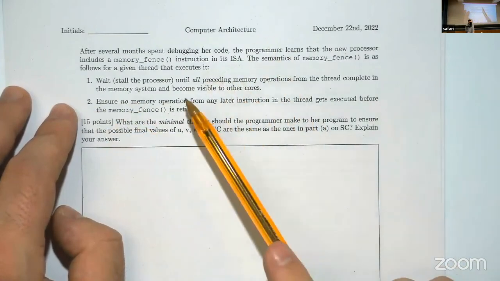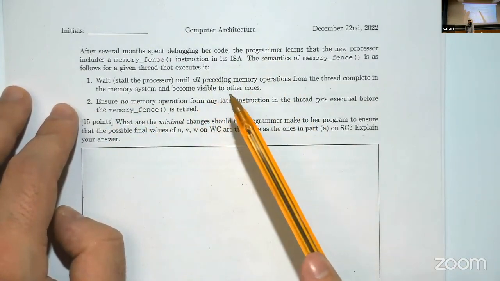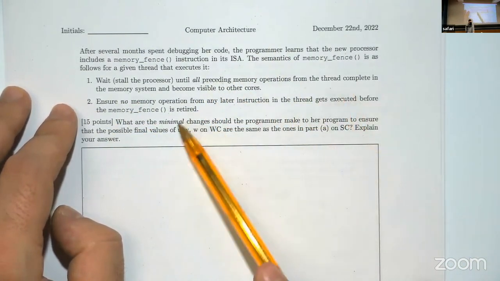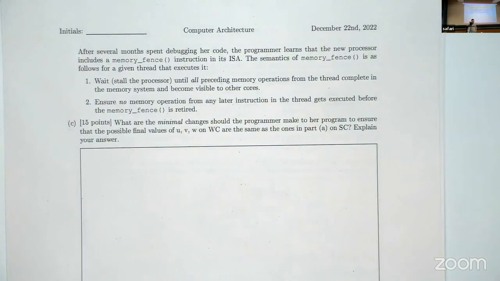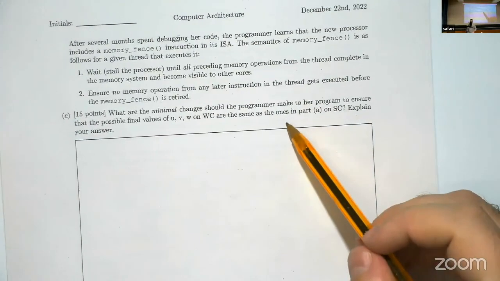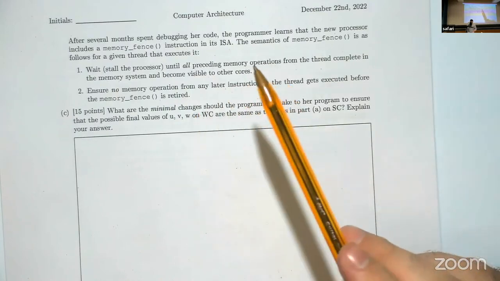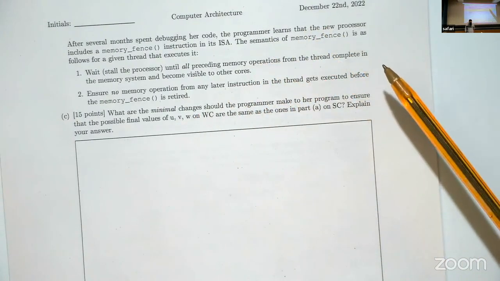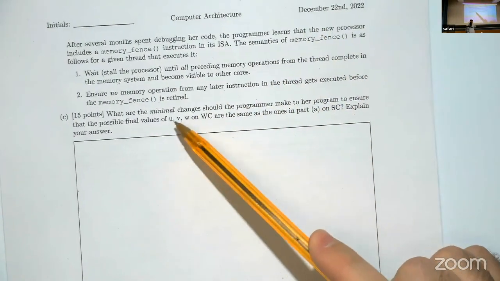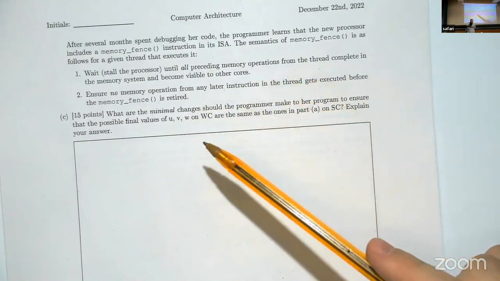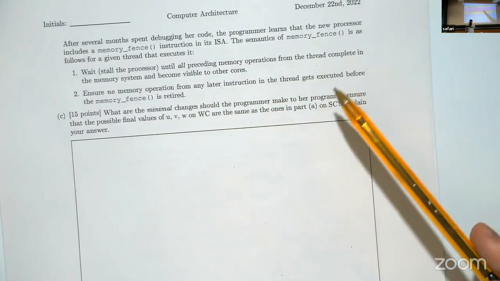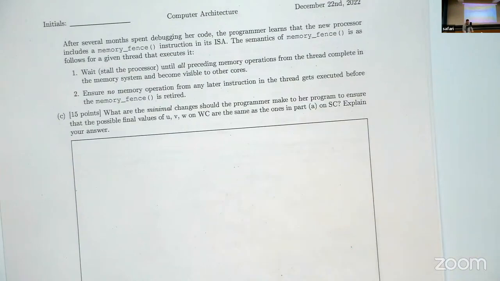It ensures no memory operation from any later instruction in the thread gets executed before the memory fence is retired. And it asks, what are the minimal changes the programmer should make to ensure that the possible final values UVW on weak consistency are the same as the ones in part A on sequential consistency?